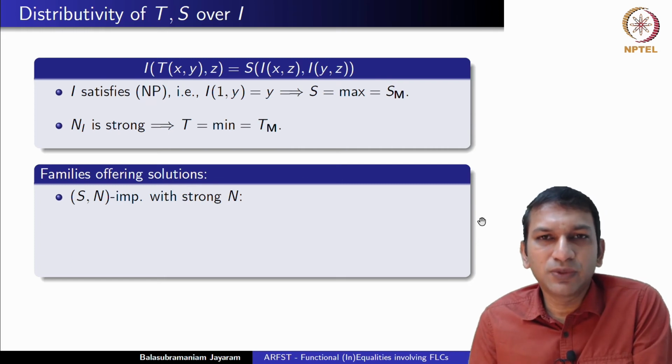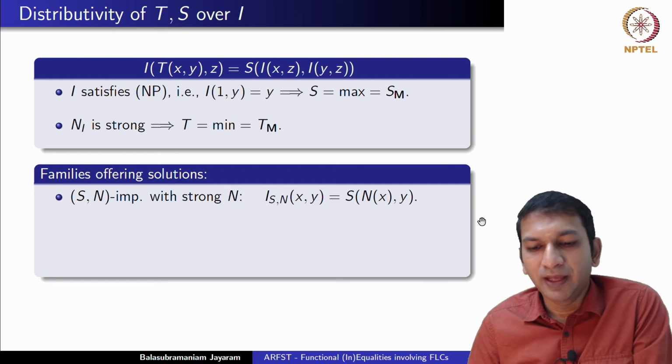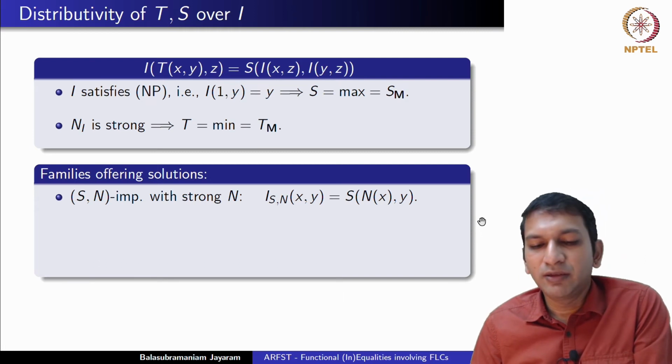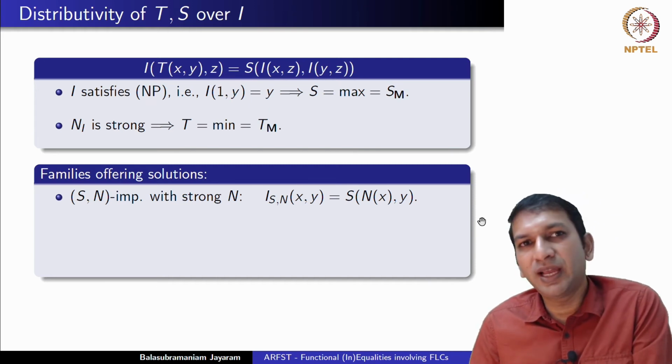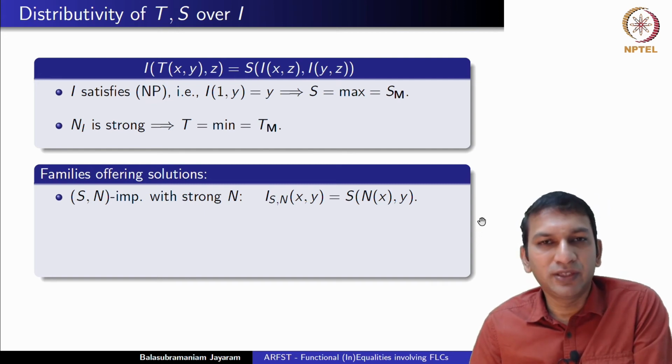Clearly, S_N implications with strong N, because we know that S_N implications are given like this. We know that the corresponding N_I, the natural negation, is nothing but the N that we consider, and we know that S_N implications do have the neutrality property. So if we consider S_N implications with strong N, these are also called S implications in the literature. So any S implication will fit the bill.